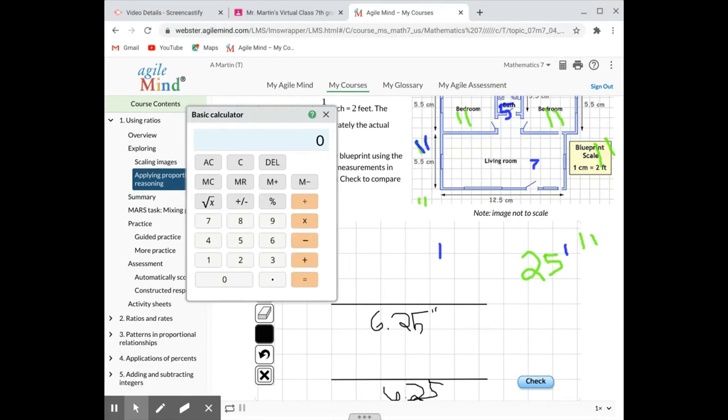I'm thinking 5.5 divided by 2. Yeah, that would be the same thing. You could do 5.5 divided by 2, or we could say 11 divided by 4, and it'll give you the same answer. So we get what? 2.75. All right, so what do we need to do for our bathroom now?